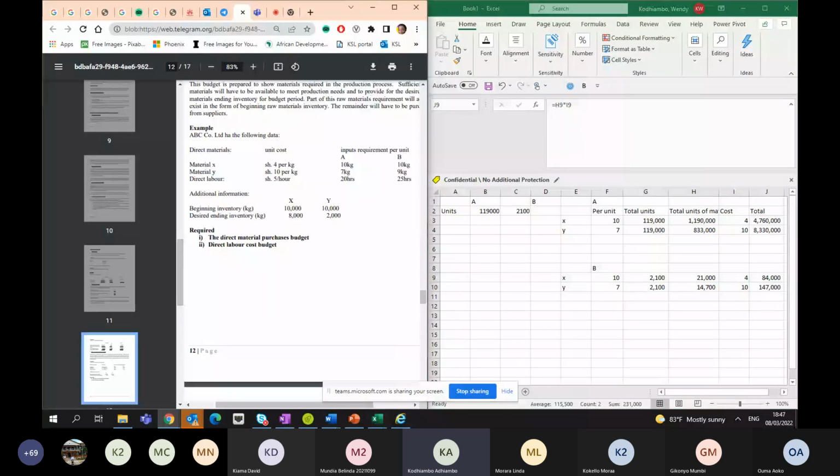So remember we already have inventory of X and Y. We need to get the total of X and we need to get the total of Y.